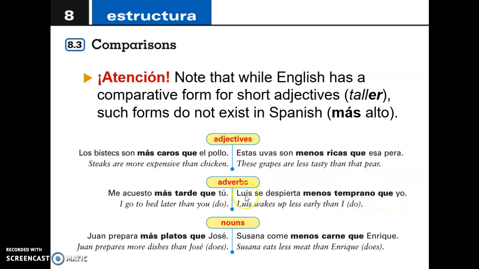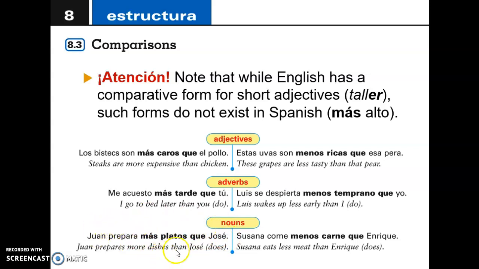Same thing over here. Luis wakes up less early than I do. Okay? So then again, you have to adjust whenever you listen to these because they are not going to sound correct if you think of English, but of course we're talking about Spanish, so it does make sense.